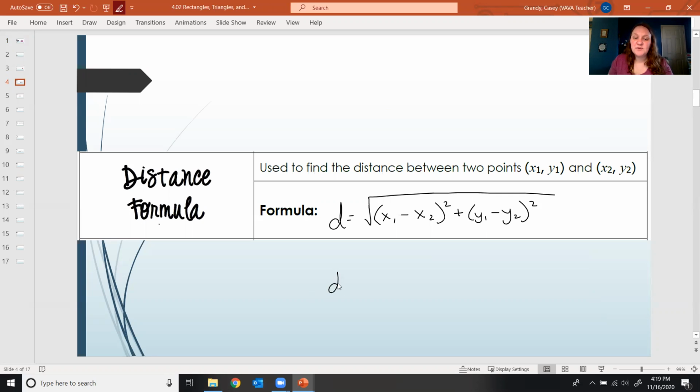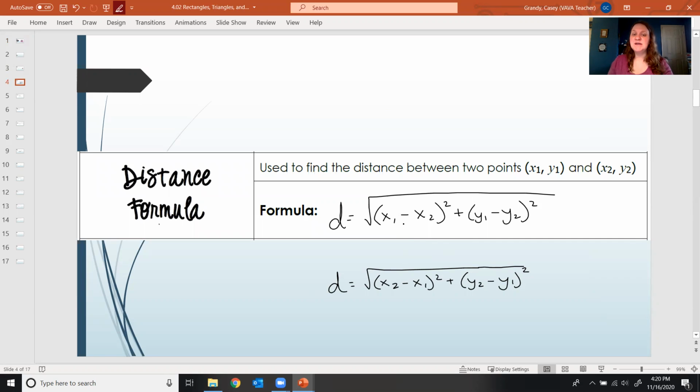You may also see it written flip-flopped like this. It doesn't matter which way you write it. All it says is, well, I picked these ones to be my x and my y first point, and another person picked to start with the other point first.